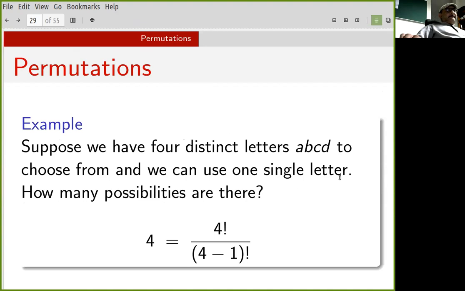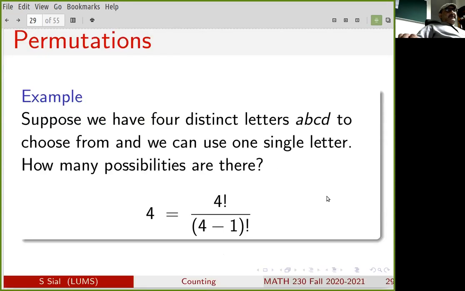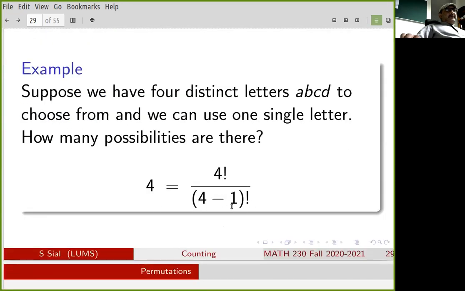So how many possibilities are there? Well, there are 4. And 4 turns out to be equal to 4 factorial over 4 minus 1 factorial, right? If you have 4 factorial and you divide by 3 factorial, you are left with 4.